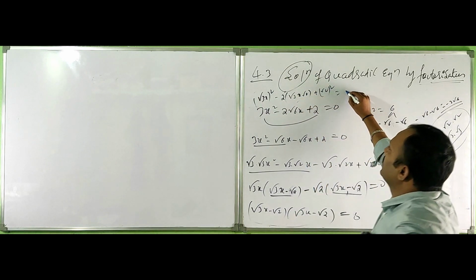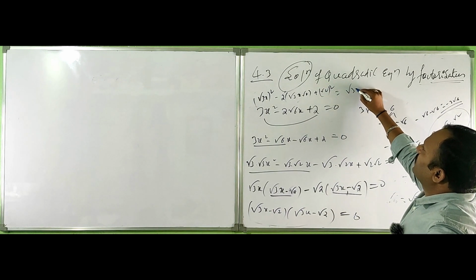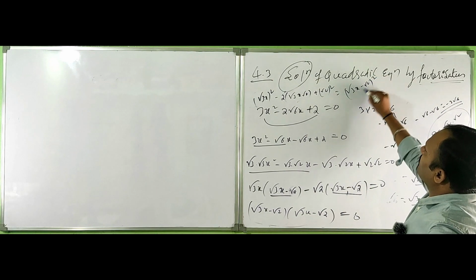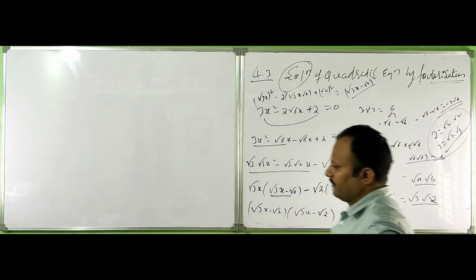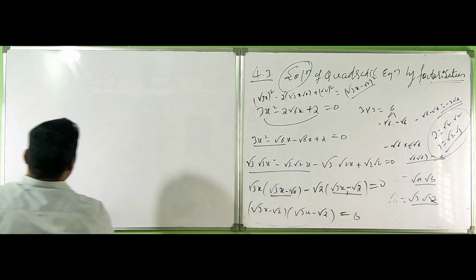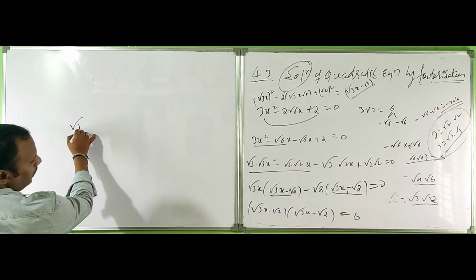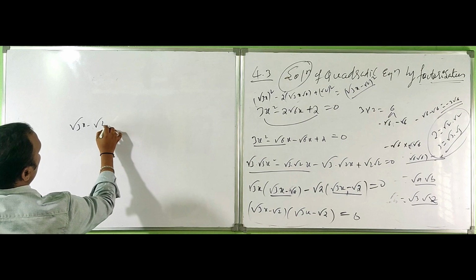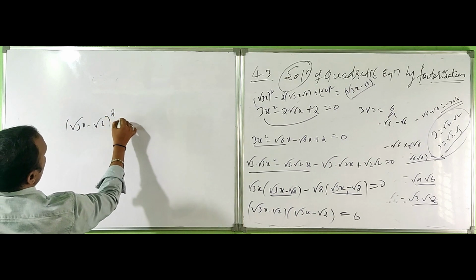This becomes automatically root 3x minus root 2 whole square. This is the condition. Okay, right. Then what is the condition here? Root 3x minus root 2 whole square, na, is equal to 0.